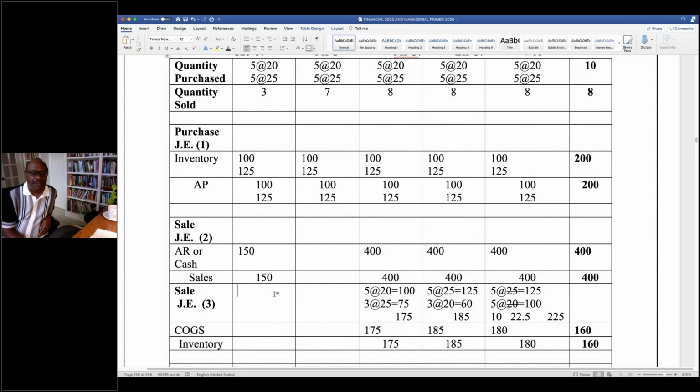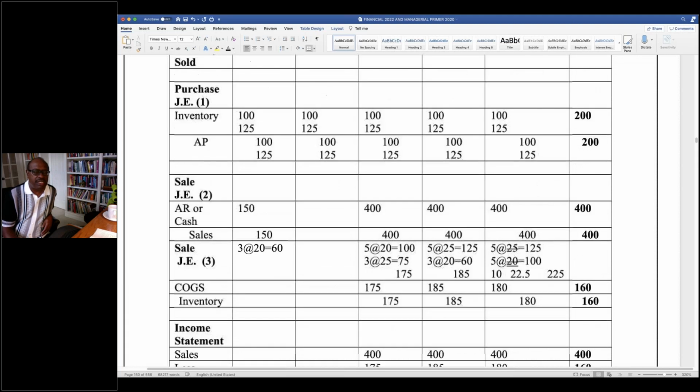How do we get there, Miss Emerald? How do we get 60? Because it's first in, first out, so it'd be 20 times 3, right? 3 at 20. So that gets us to 60. And so cost of goods sold is 60.